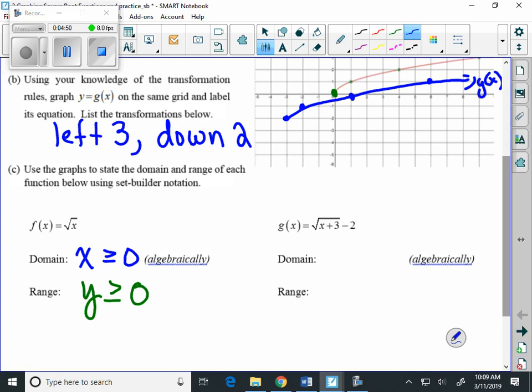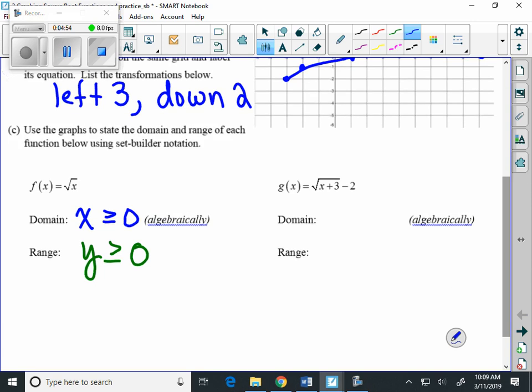If we look at the graph that we just drew, what we're going to do algebraically is take x plus 3 and set it greater than or equal to 0. We're taking the value underneath the square root symbol to determine what our domain is. We're going to subtract 3 from both sides.